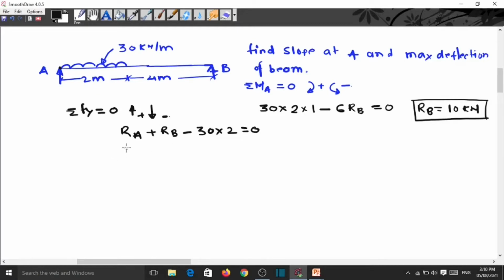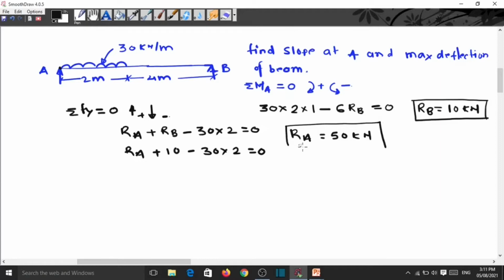So R_A plus 10 minus 30 into 2 is equal to 0. We got R_A equal to 50 kN and R_B is 10 kN.